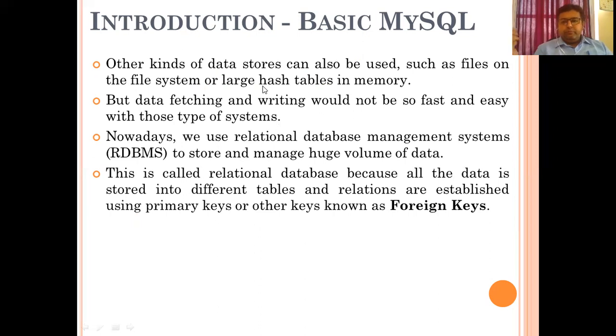Means if we consider a file management system or hash table, they are also used to store particular data. But data accessing and writing in that system will be much more difficult, and also time consuming. So that is not preferable. Nowadays, we use a relational database management system, that is RDBMS, to store and manage huge volumes of data. And from that, the big data concept was launched, right?